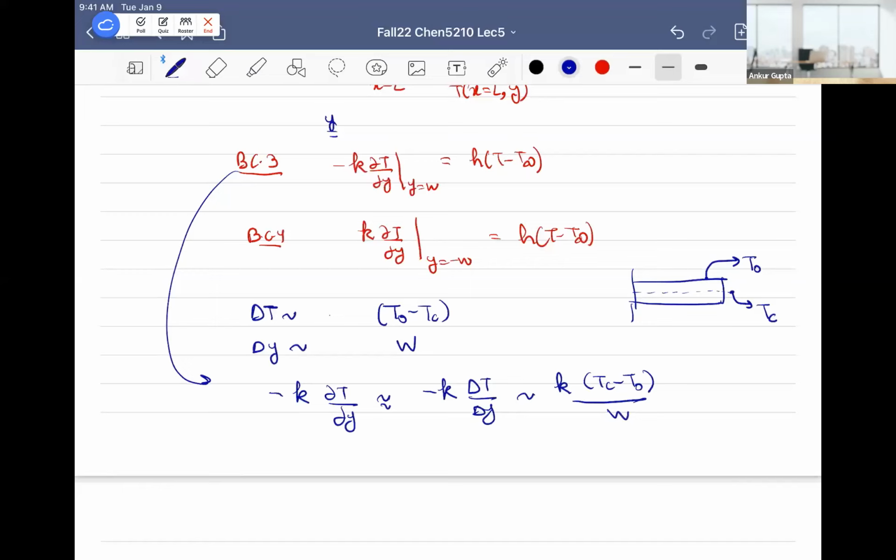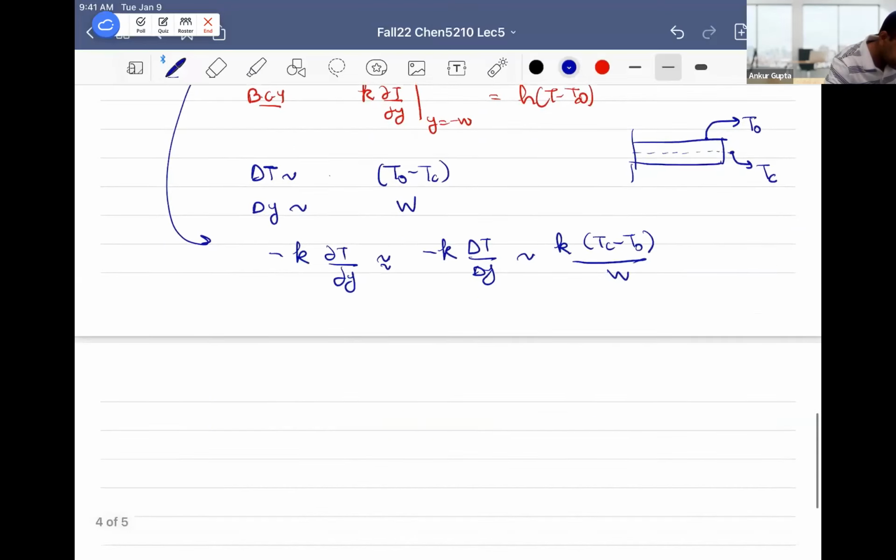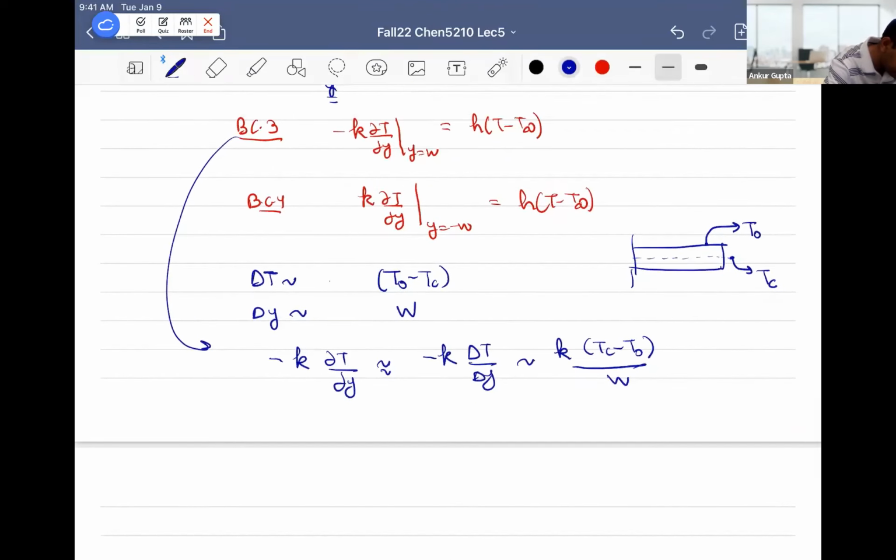Important to understand this is not mathematics, it's just trying to get a sense of the scale of the problem rather than solve it mathematically. Delta T is Tc minus T naught, and delta y is the width of the system. And then this becomes equal to h times T minus T infinity, which is h times T naught minus T infinity. Right? Makes sense?